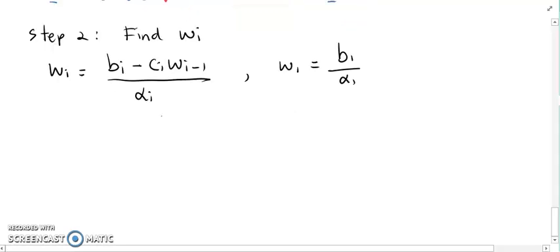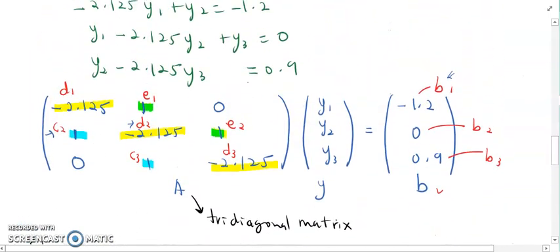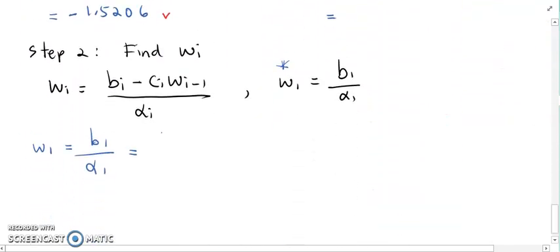First, we need to find the W1 value. Please refer to this formula: B1 over alpha 1. B1 is the element in the B vector, this one here, so it is negative 1.2. So negative 1.2 over alpha 1.